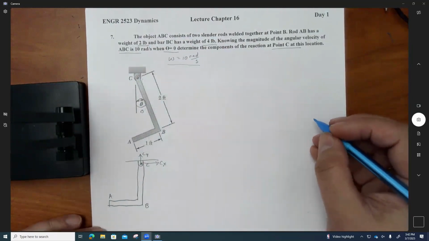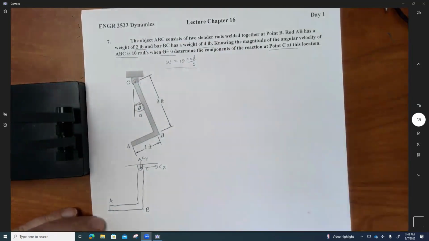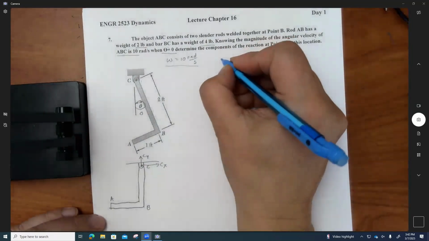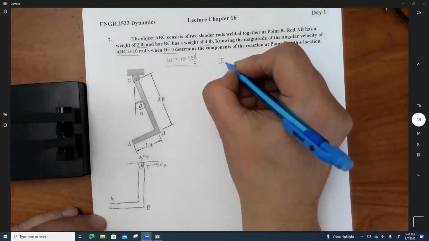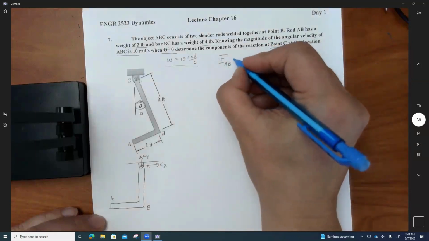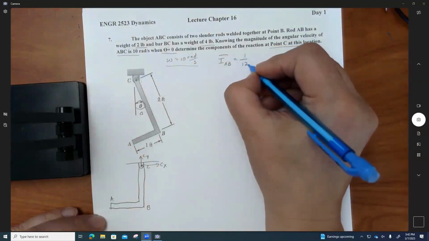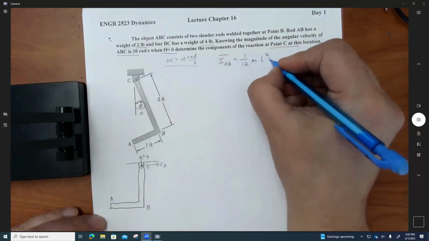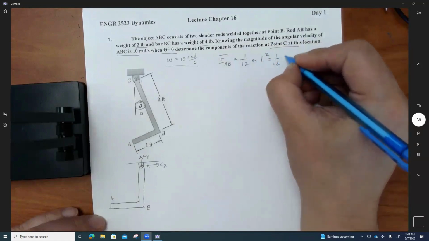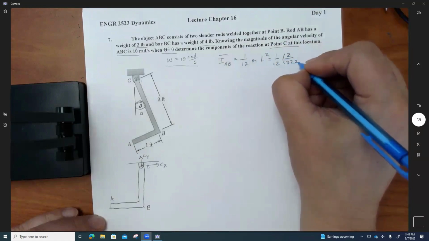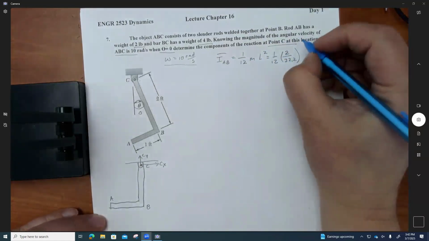Where should we start? One of the things that we're going to need to know will be the mass moment of inertia. So we could start off calculating the I bar for section AB, which is going to be 1/12 the mass times the length squared. That means we're 1/12 multiplied by 2 pounds divided by 32.2 to get it into a mass.